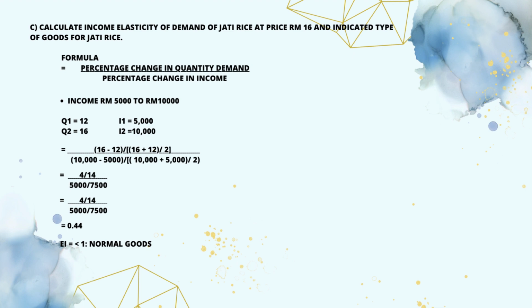So the answer is 4/14 divided by RM5,000 over 7,500, and the total answer is 0.44. 0.44 is less than 1, so it is a normal good.